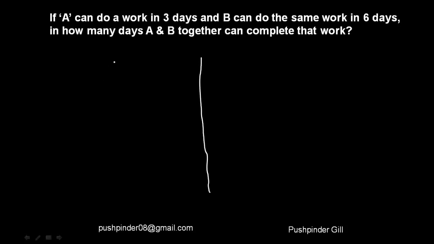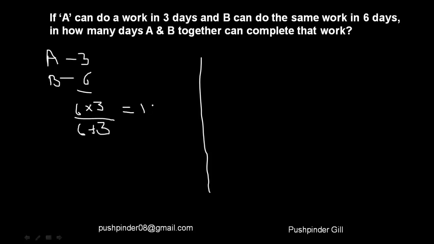The first way is the simple way. A takes 3 days to finish the job, B takes 6 days. So together they will take A into B over A plus B. If you have watched the video, or you must be knowing this, that is 18 by 9. That is, together both of them are going to take 2 days to finish the job.